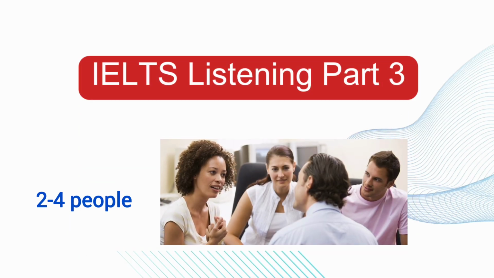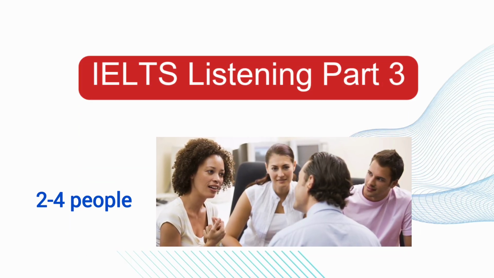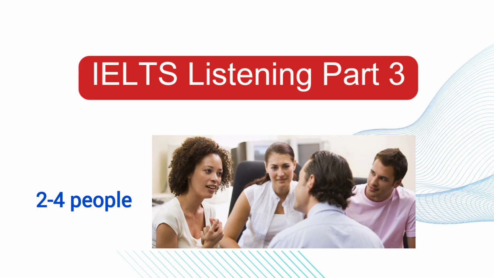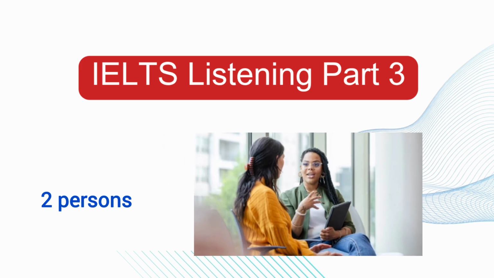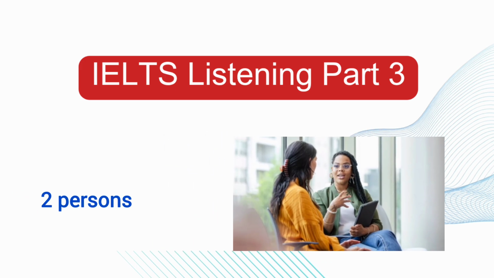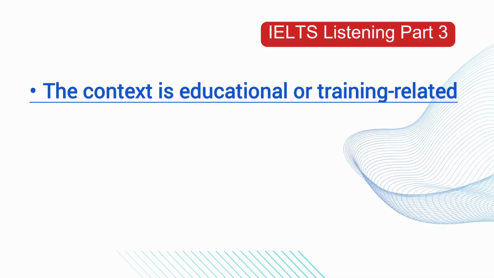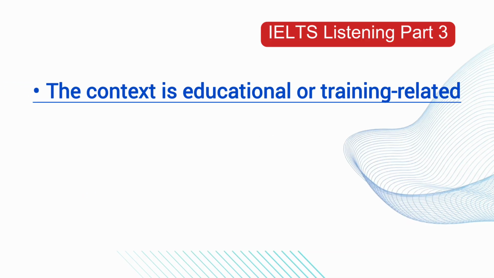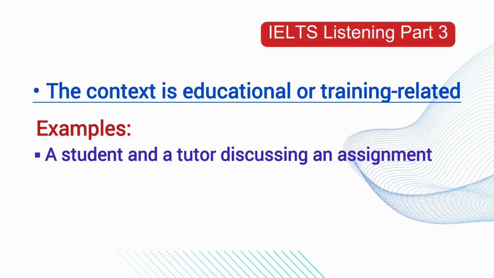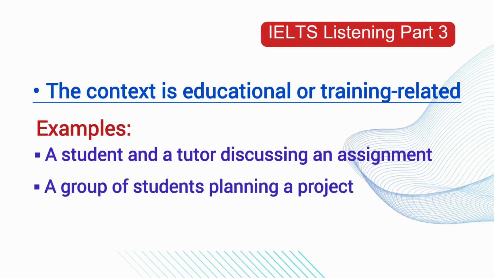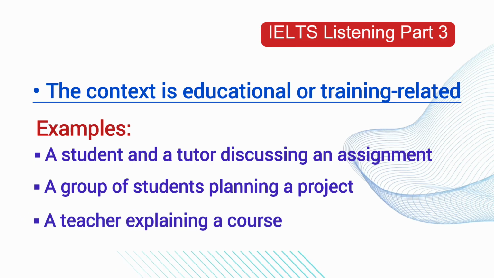IELTS Listening Part 3 is usually a conversation between 2 to 4 people, especially 2 persons. The context is educational or training related. For example, a student and a tutor discussing an assignment, or a group of students planning a project, or a teacher explaining a course.